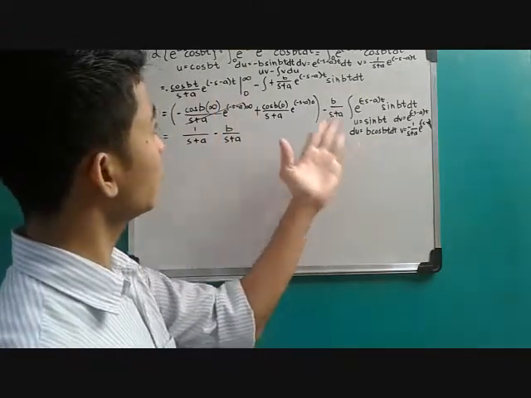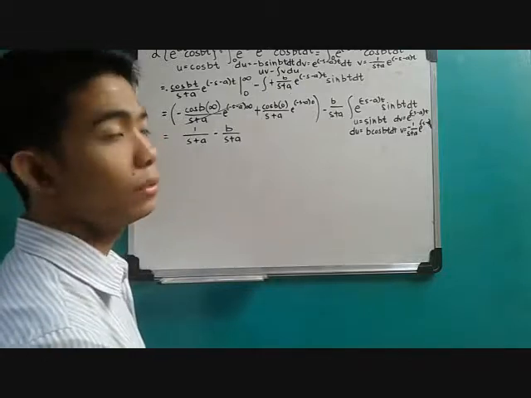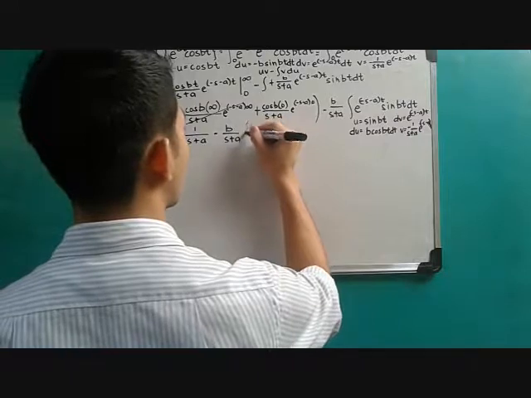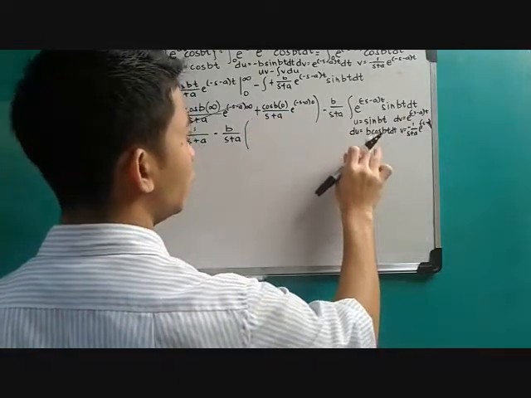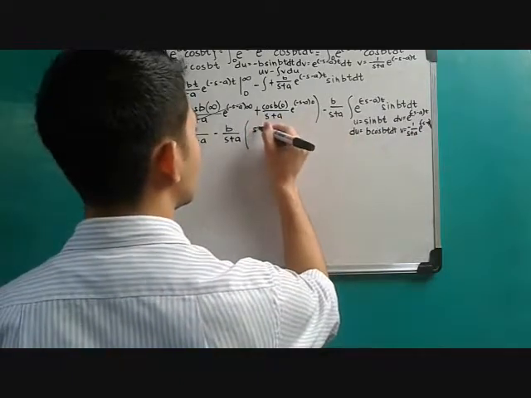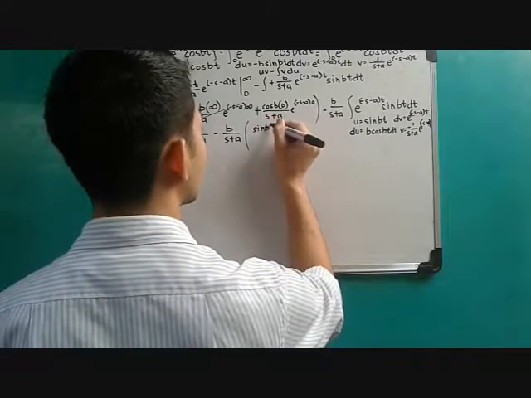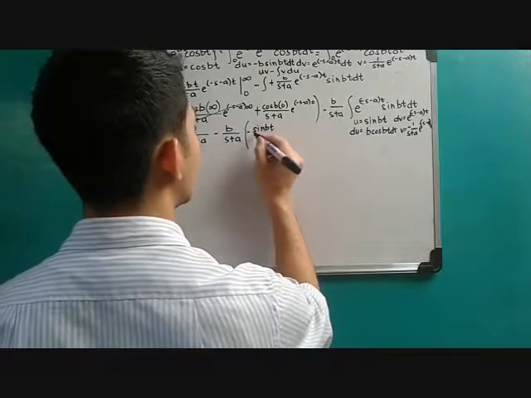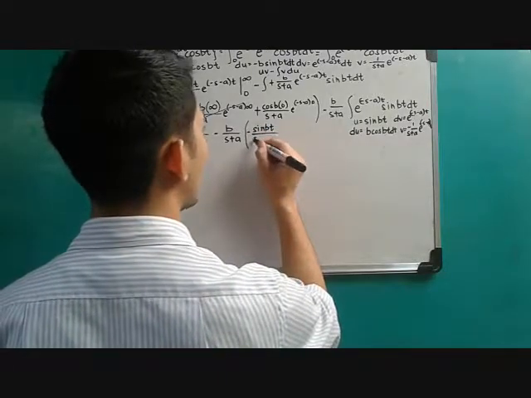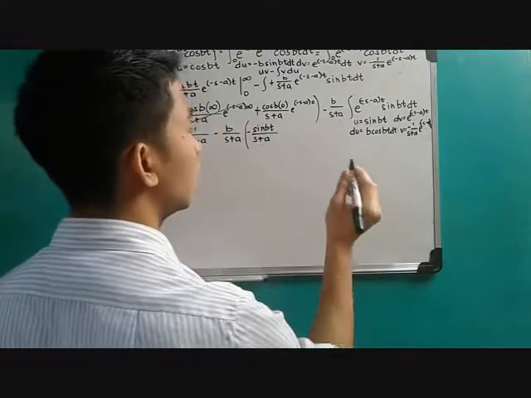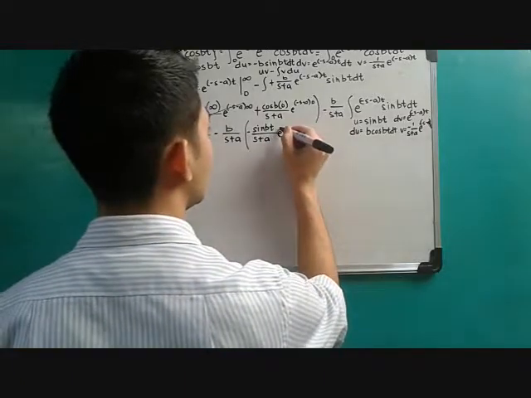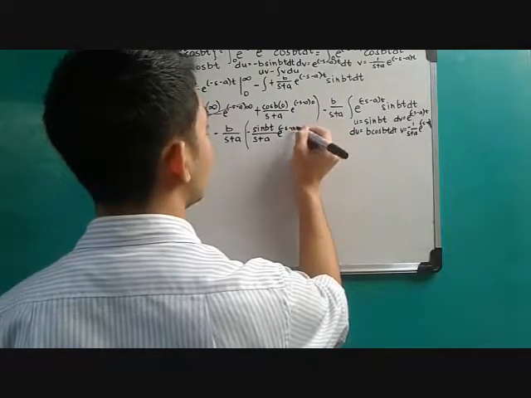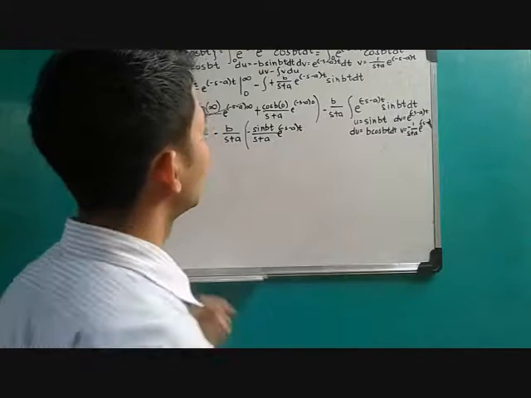Substituting to the formula uv minus integration of v du, this will become quantity u is sine bt over negative s plus a times e raised to negative quantity s minus a times t.